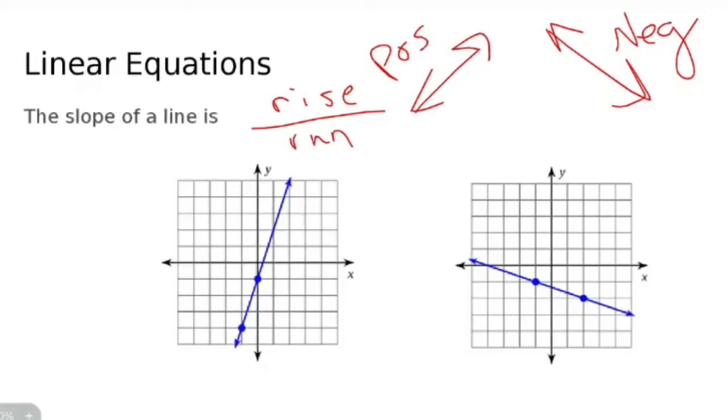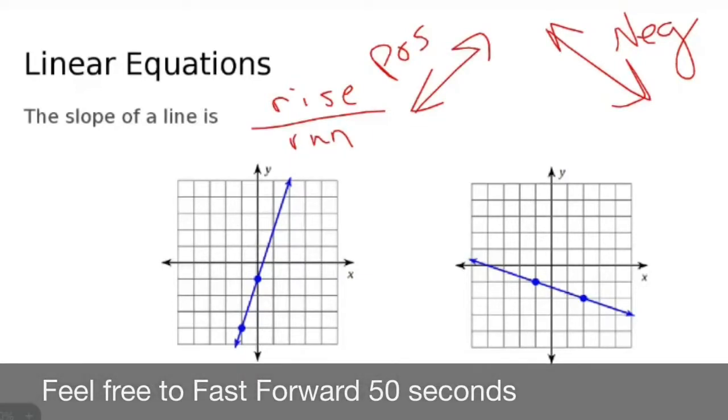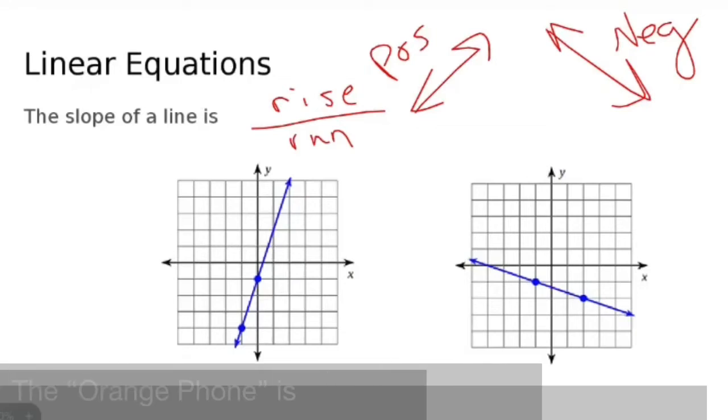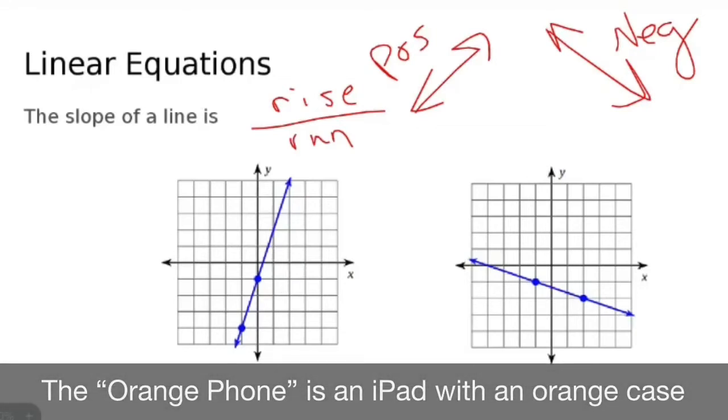Give me the phone. Give me the orange phone, because Daddy's recording. Go get me the phone. What's wrong with it? Why isn't it working?